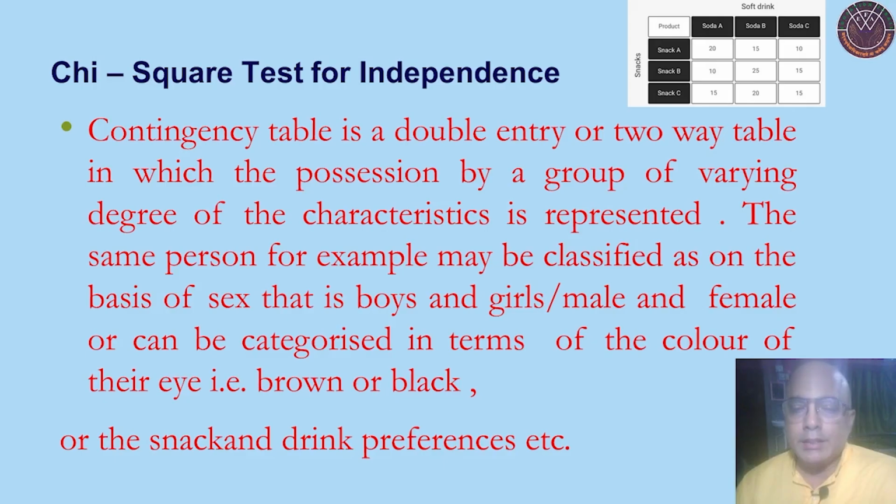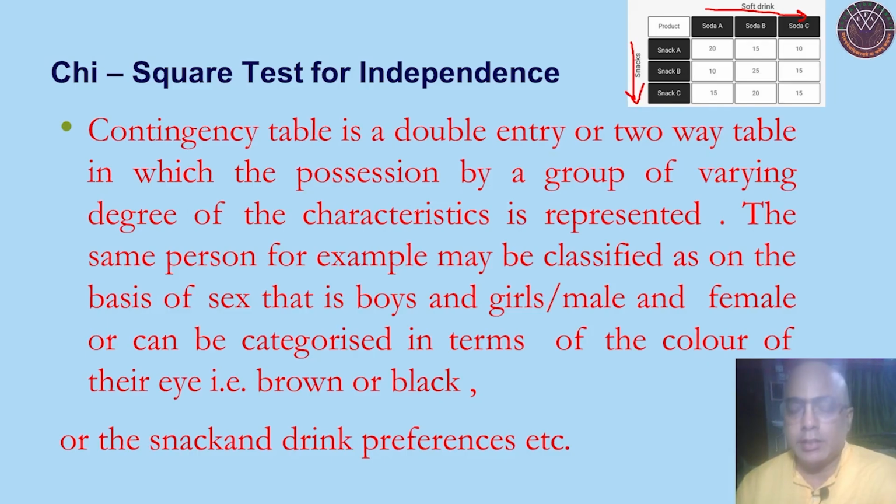And suppose eye color is somehow related to gender; then in one category it can be male and female, and in the other you arrange the eye color. Like this you can arrange snacks and soda. If some relationship is there between soda choice and snacks choice, in this way you arrange the contingency table.